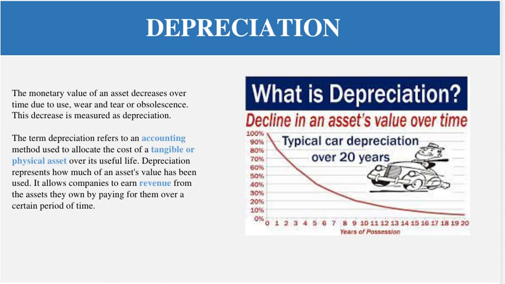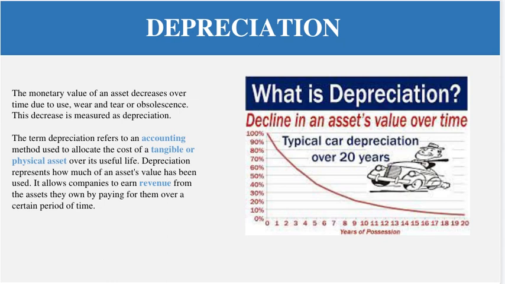Whenever we are using those assets, for example a laptop, or a house for residence, with the passage of time the value of that asset will decrease. So the measurement of that asset decrement is called depreciation.